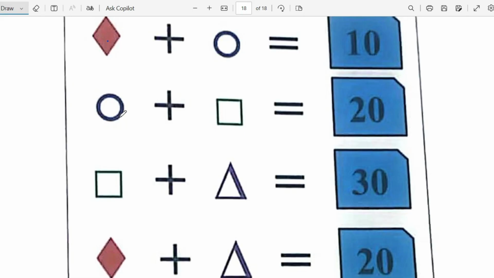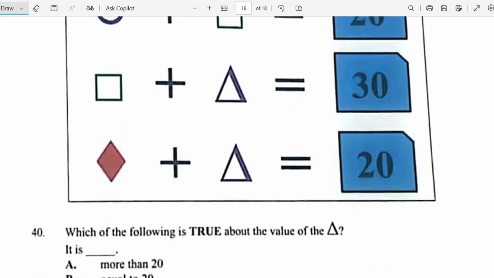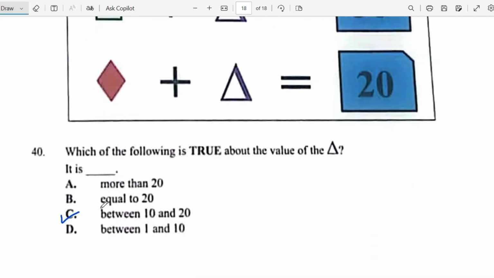So if it's less than 10 for the circle and the square here, whatever number it is, would add up to give you 20. Both of these values here, for it to add up to give you 30, then it means that this triangle here would have to be greater than 10. So therefore, between 10 to 20 is correct.